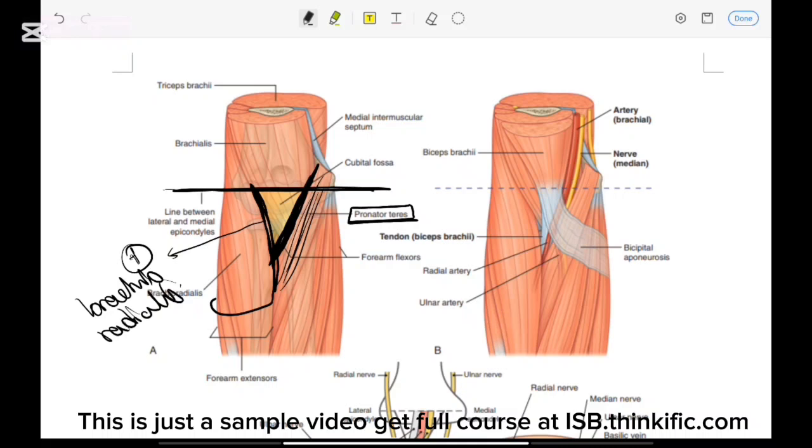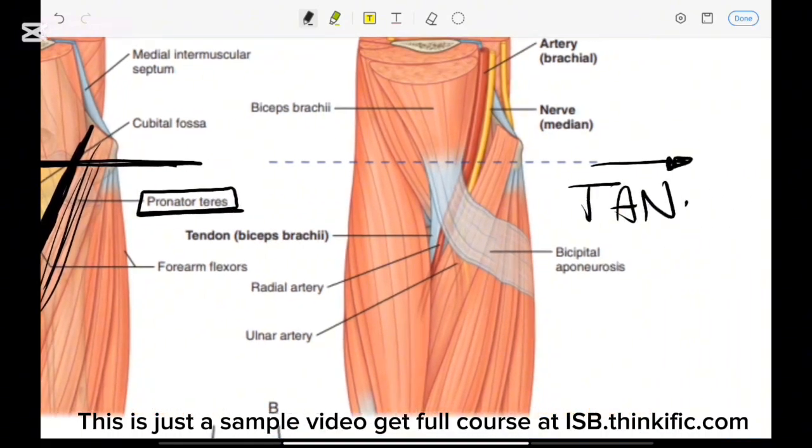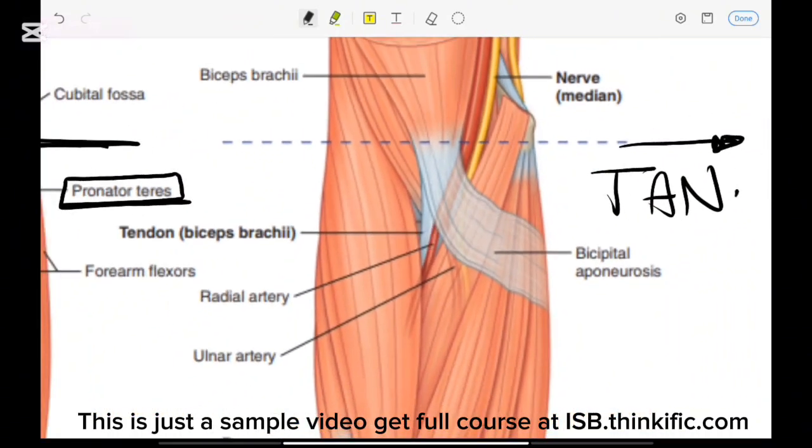The major contents of this fossa, from lateral to medial, you can remember as TAN. Let's zoom in a little bit. The tendon of the biceps brachii, that's the most lateral content. So this one is the first content, the tendon of the biceps brachii muscle.